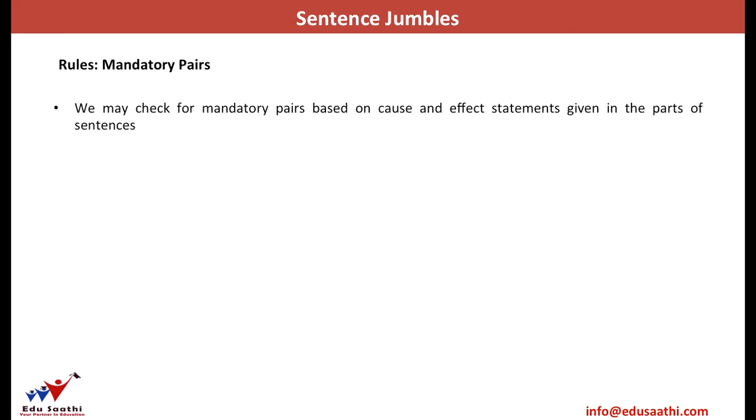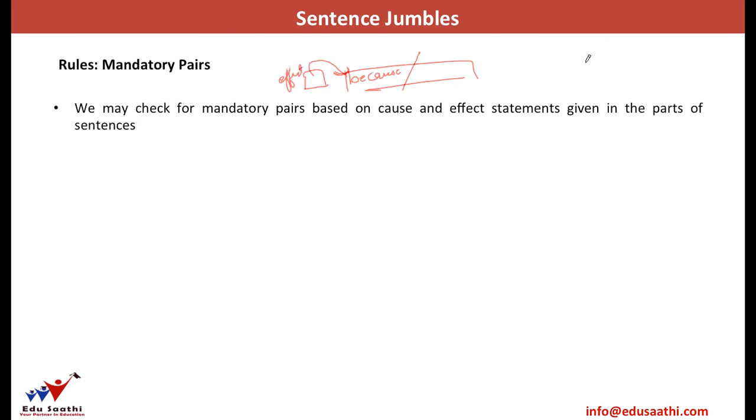We may also find a mandatory pair based on the cause and effect structure. So for example, there's a sentence that has because in it. So because justifies the cause. So the statement of because is the cause, and there must be another statement that precedes it that justifies the effect.